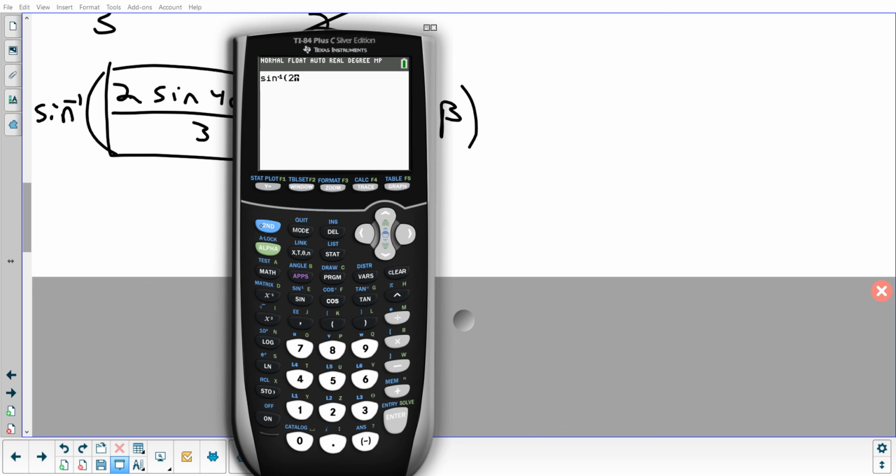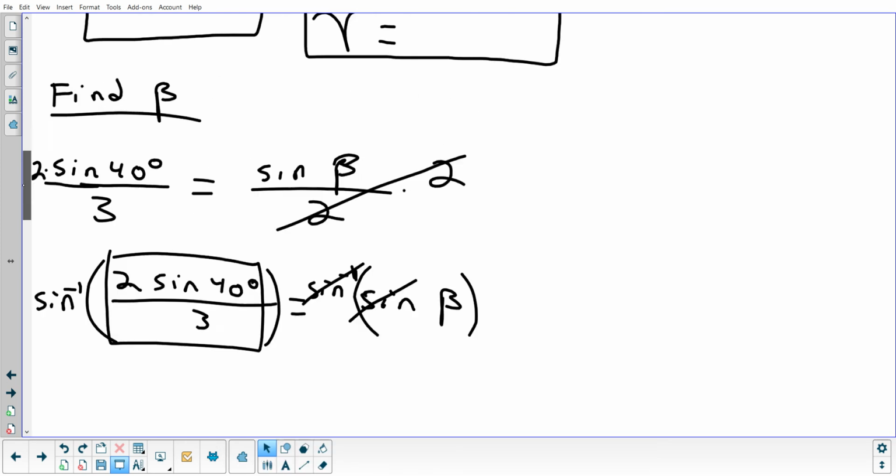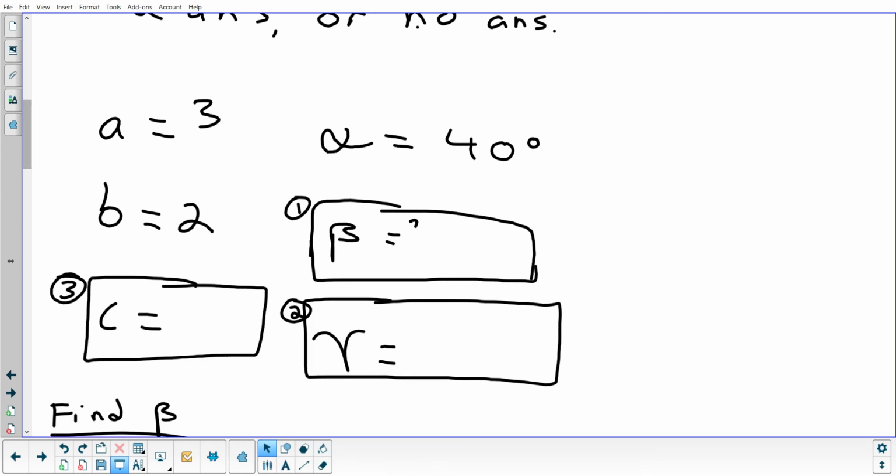And I lost my answer. It was 25.374. So I got 25.374. That is definitely one answer to this problem. So we know we have one answer. Let's write it down, but put it in the top of the box, just in case there's a second answer. We have a little room in the bottom we can put it.